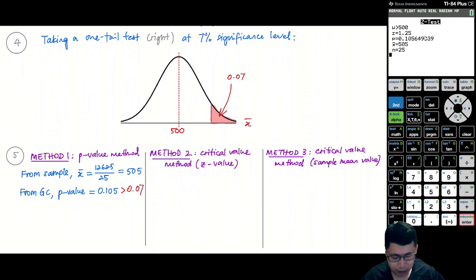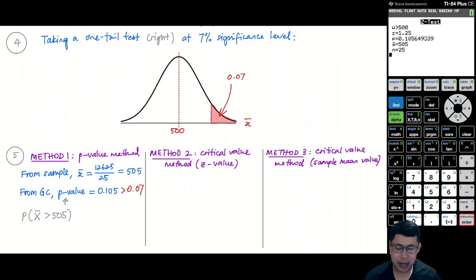So what does this p value signify? I'll write this down in pencil so that you don't have to write it down for your actual working, but I'm writing it for your knowledge. Because we're taking a one-tail test to the right, this p value refers to the probability where x bar is greater than 505.